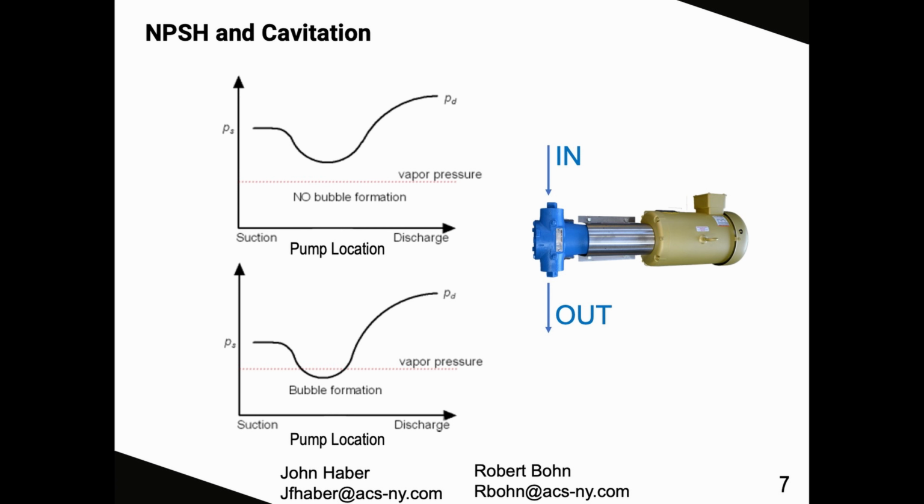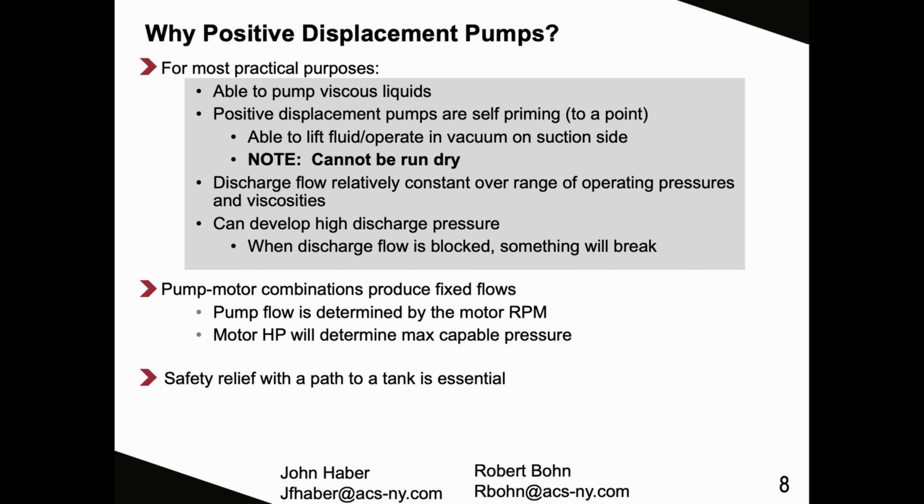Again, just a representation of your NPSH, and it's very important to keep the suction of your pump high so that it doesn't drop below that vapor pressure line, where you will definitely create bubbles, aka your vortexes, which will cause cavitation.